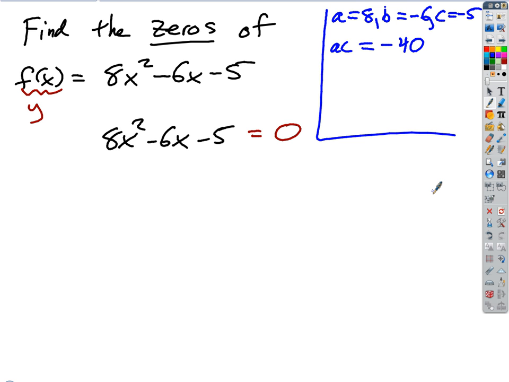So I want to find two magic numbers that multiply to -40 and add to -6, that add to B. Multiply to AC and add to B, right? What would those be? Multiply to -40 and add to -6. What do you think? Positive 4, -10, right? Does that make sense? So we can split that -40 up into a -10 and a positive 4, right?